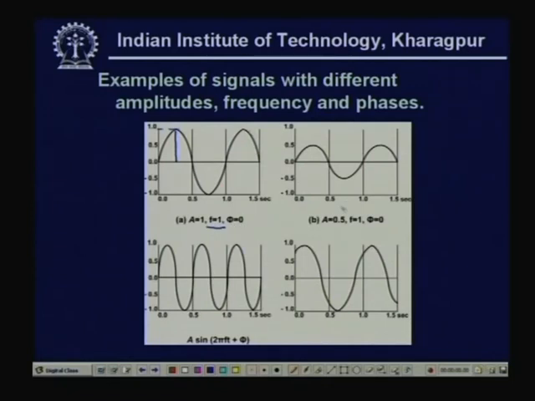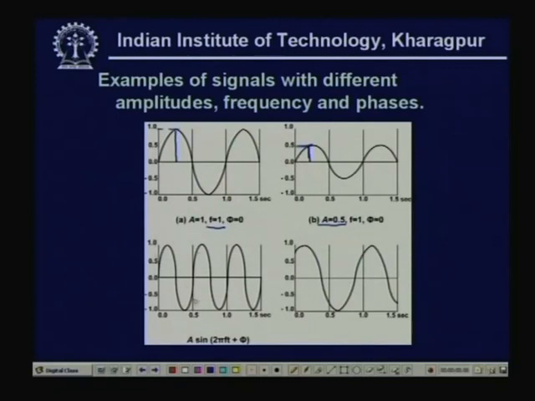Now, here is another signal. Here the amplitude, as you can see, the peak value is 0.5 with respect to this, we can compare. So, A is equal to 0.5, the frequency is the same, it is repeated after 1 second, and here also phase is 0.